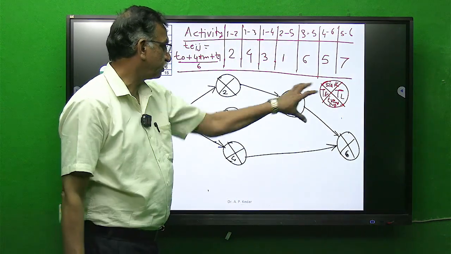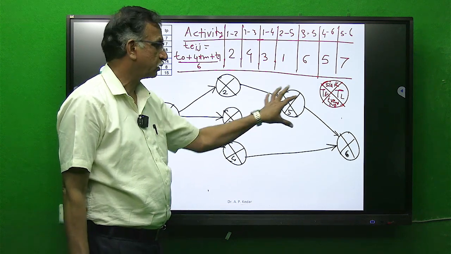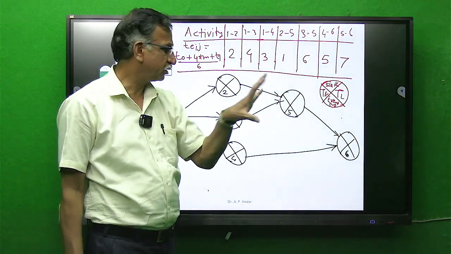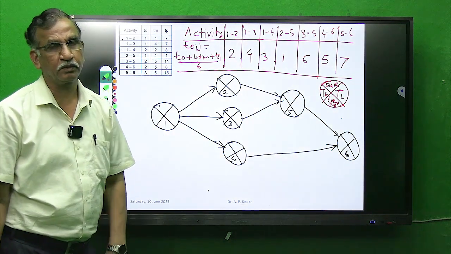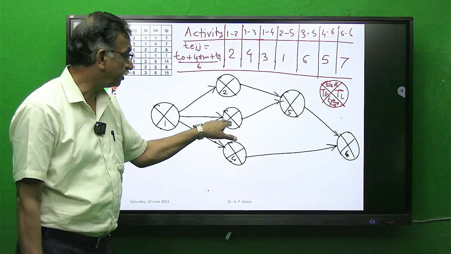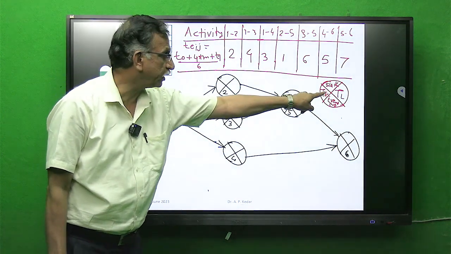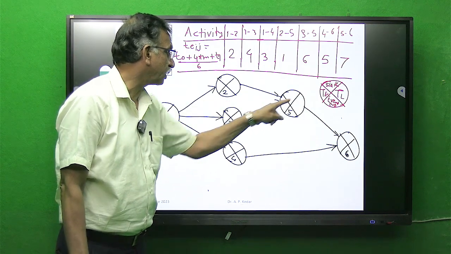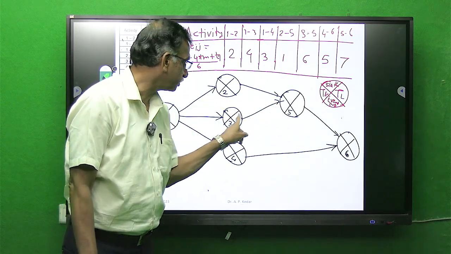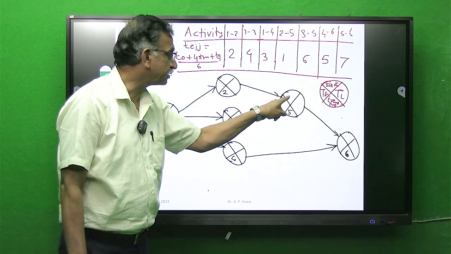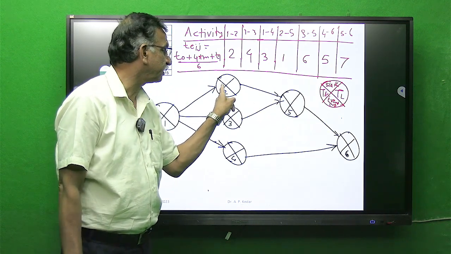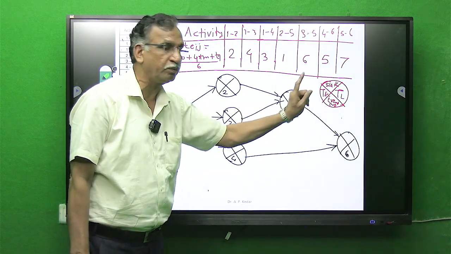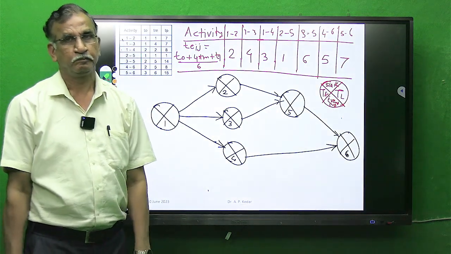Students, give this notation at one point above or below the network, so nobody will get confused about what these values mean. If I write something over here, it will be slack; here, the TE value; here, the TL value. Got it?